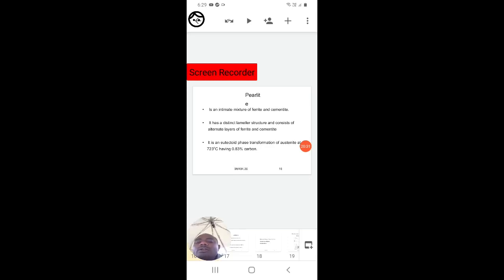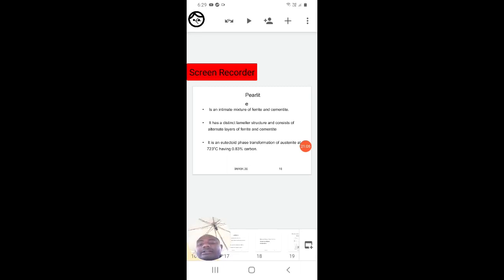That means austenite is decomposed into two types of solids, ferrite and cementite. The mixture of ferrite and cementite is known as pearlite.